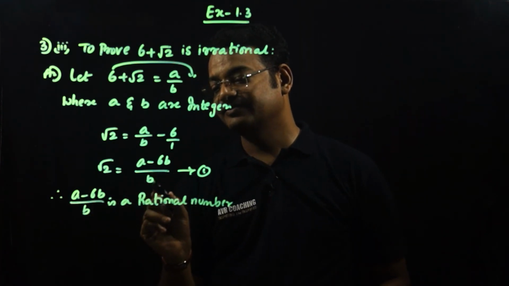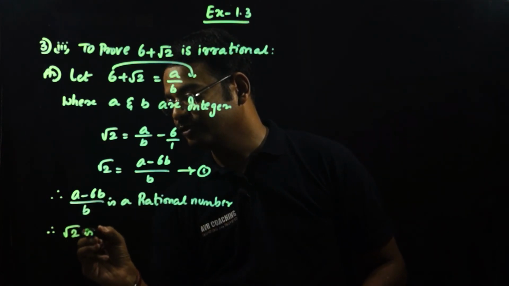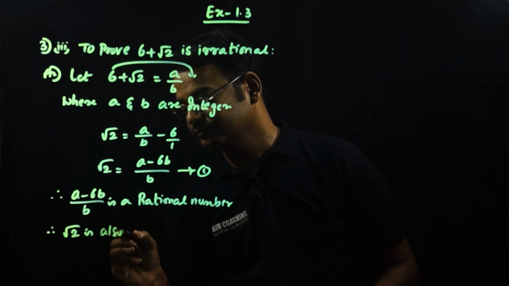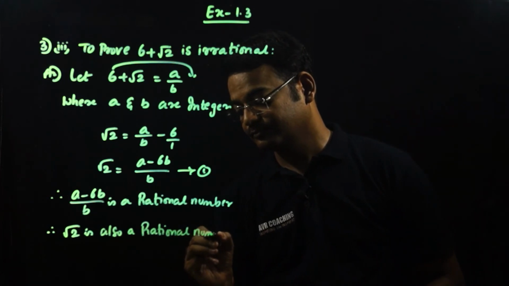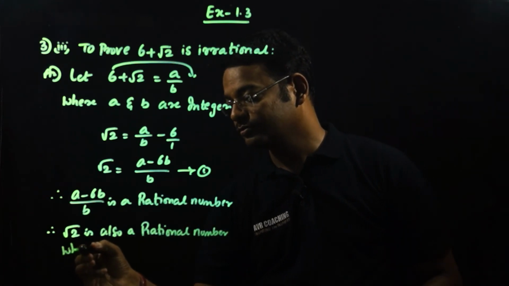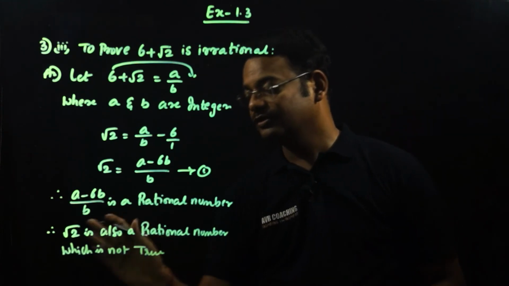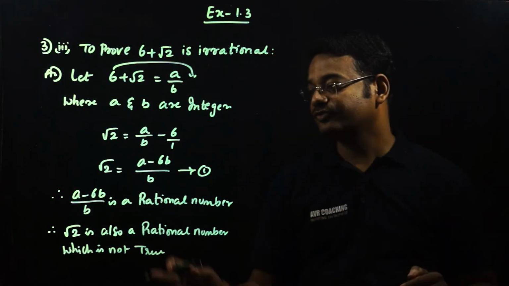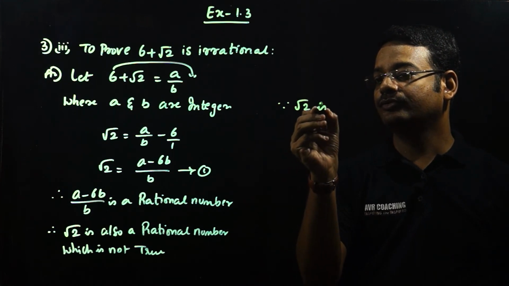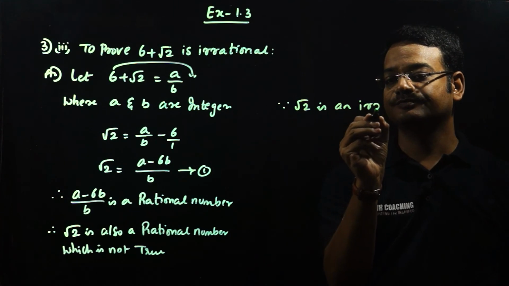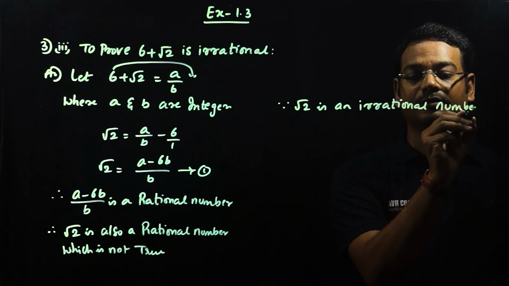Now as (a minus 6b) by b is equal to root 2, therefore root 2 is also a rational number, which is not true, because we already knew that root 2 is an irrational number.